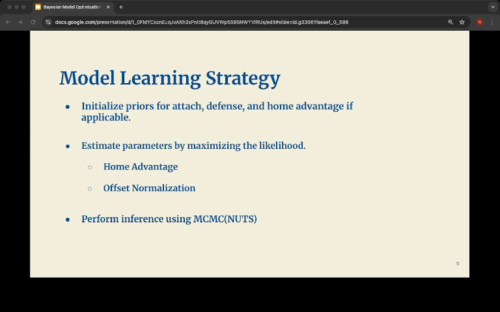This model learns the attack and defense strengths that best explain past match scores. Because it's very simple, it uses very simple parameters. It's only using global ones, so there is less variation to worry about with a small data set.